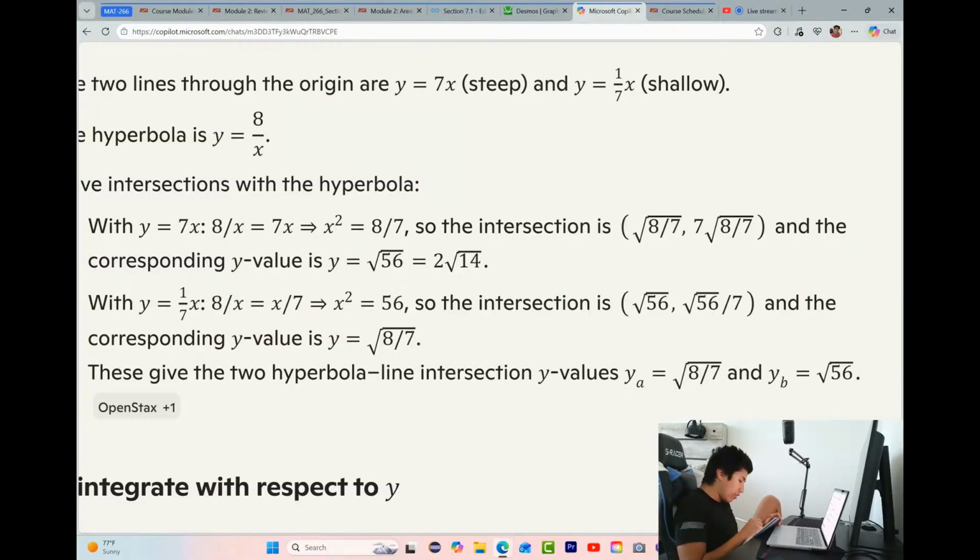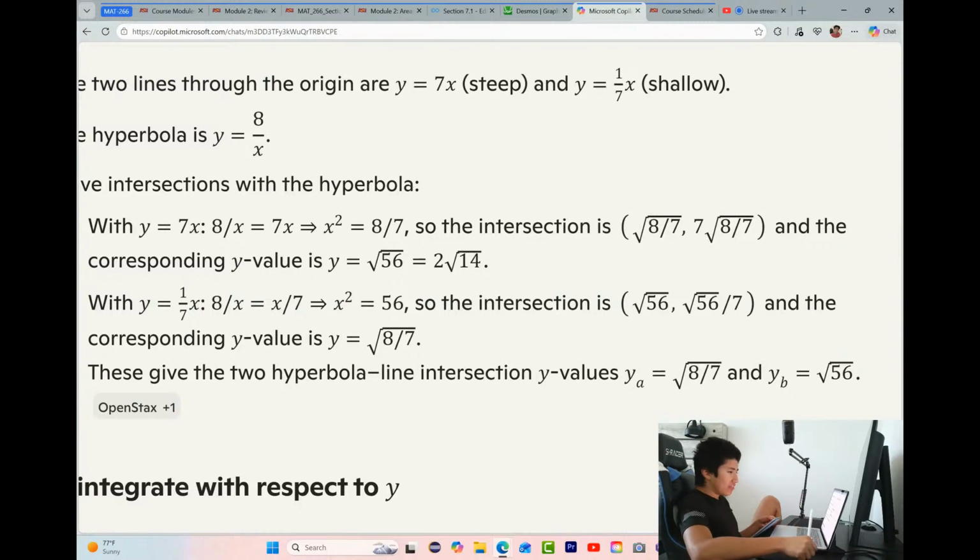Solve, and there's the intersection we get. Those are the x values in which the functions meet. And the statement that the corresponding y value is y equals square root of 56 still makes no sense.